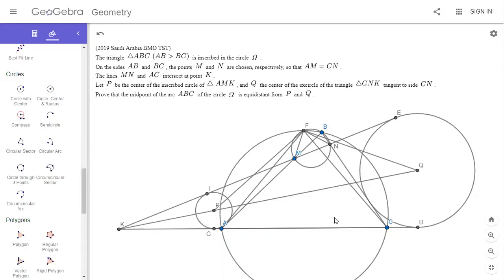Yeah, let's see. Yeah, I'm thinking. Yeah, so a spiral similarity. Like, I wonder, a spiral similarity takes point B to another point.